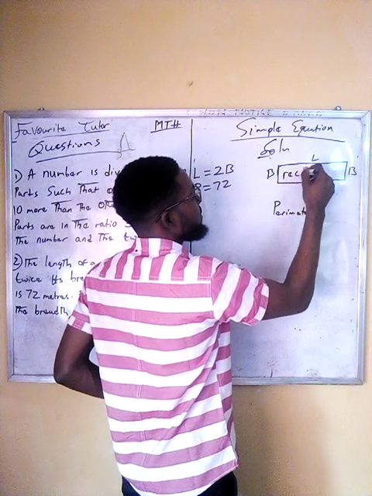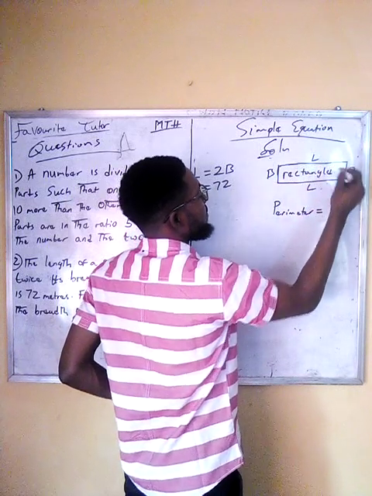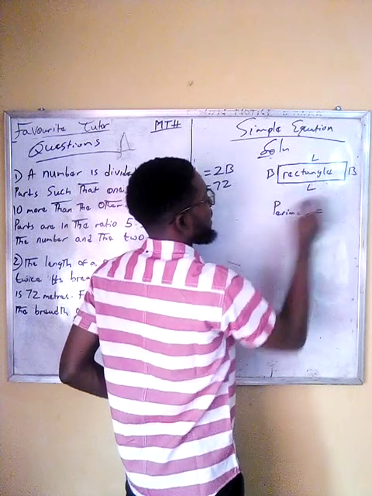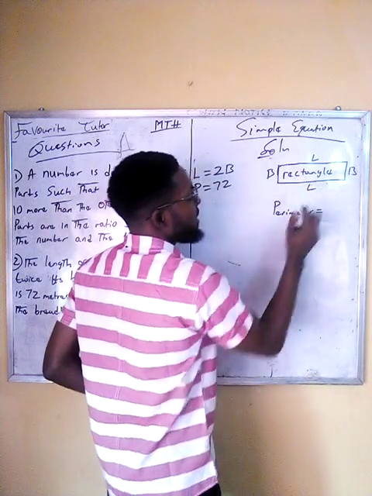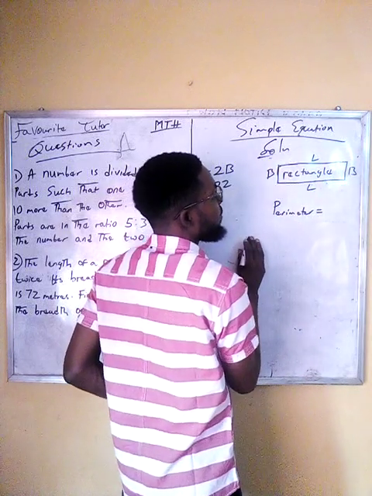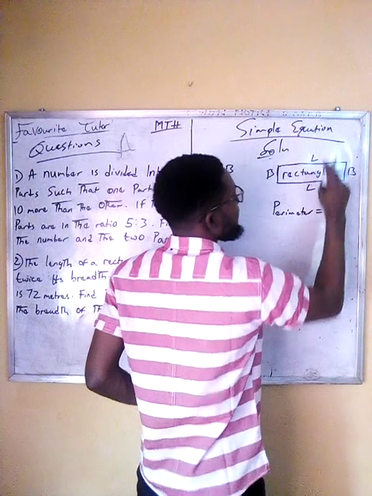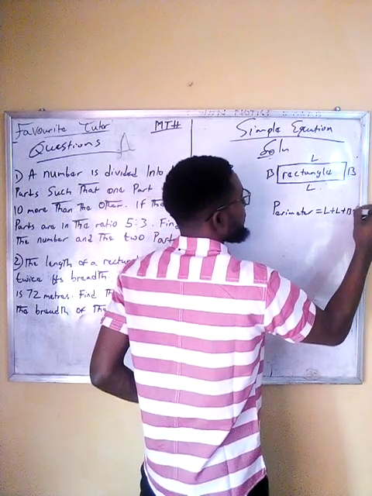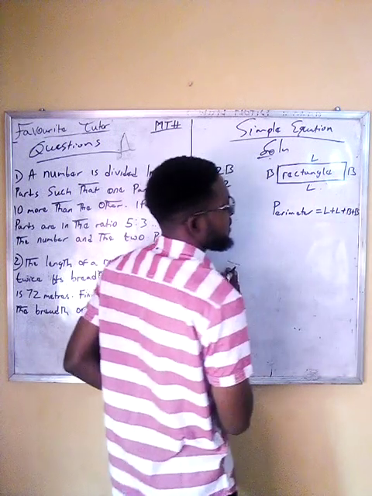If this is a rectangle, opposite sides are equal. So the perimeter is the sum of all sides. So therefore we have 2 lengths: length plus length plus breadth plus breadth.